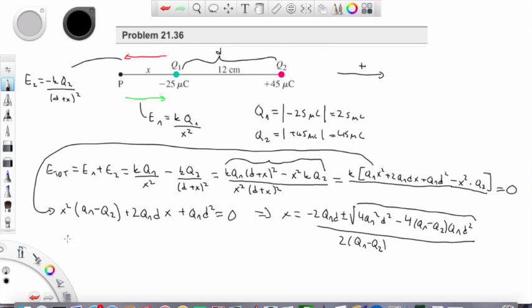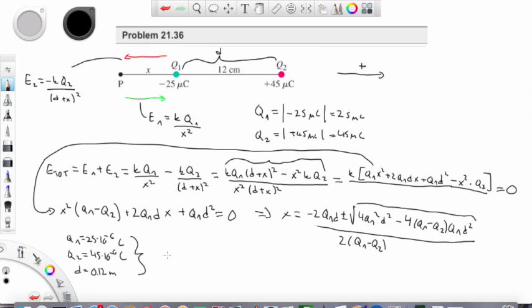We have our values. q1 is 25 times 10 to the minus 6 coulombs. q2 is 45 times 10 to the minus 6 coulombs. What else? d is 12 centimeters, 0.12 meters. And that's all.